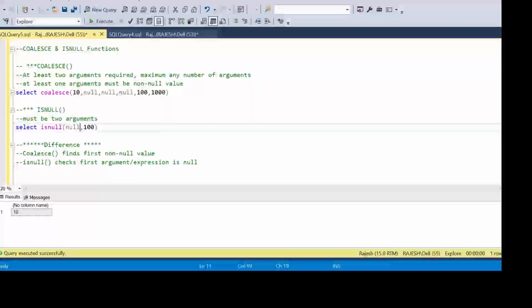If it is null, then it will be replaced by the second argument, otherwise it will return the first argument in case of not null. Isnull checks the first argument expression for null, while the Coalesce function finds the first non-null value.